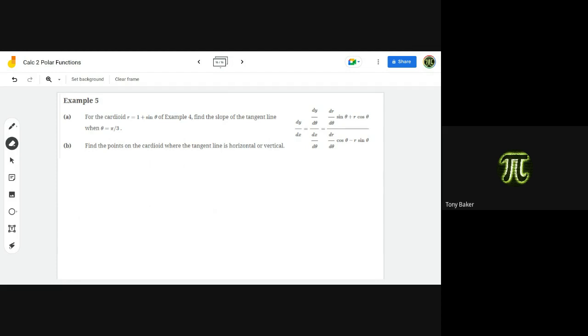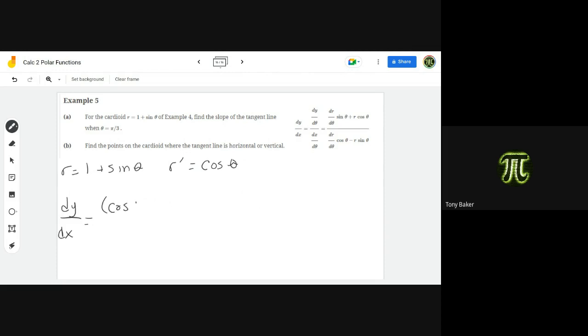All right. So in this cardioid, my r is 1 plus sine θ. And the derivative of that is what? Cosine θ. So the derivative is, oh, sorry, here first.